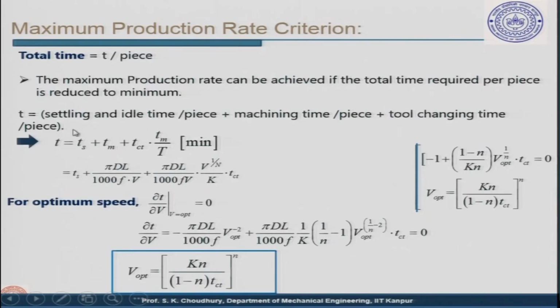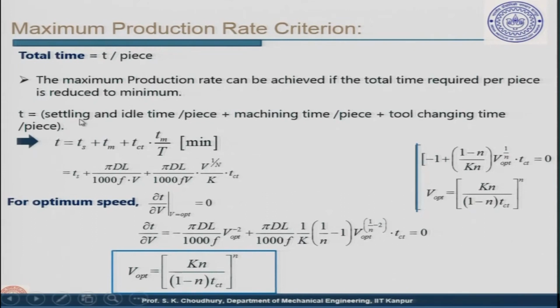T is the total time, and it consists of 3 different times, that is settling and idle time per piece, machining time per piece, and the tool changing time per piece, meaning that while we are machining one part, we spend time in these 3 activities.